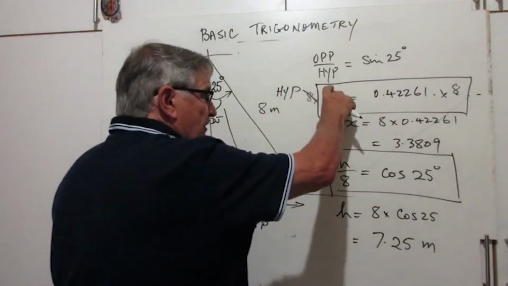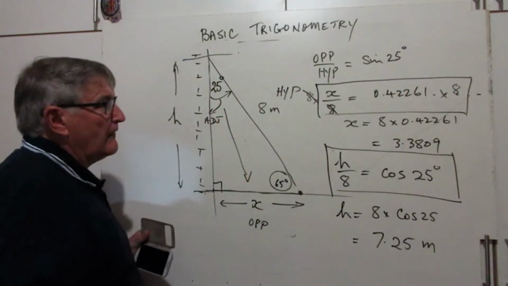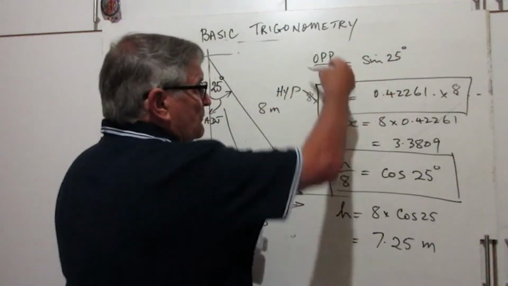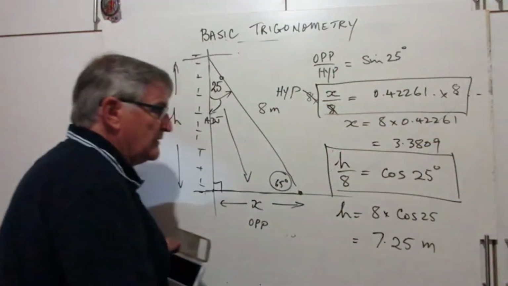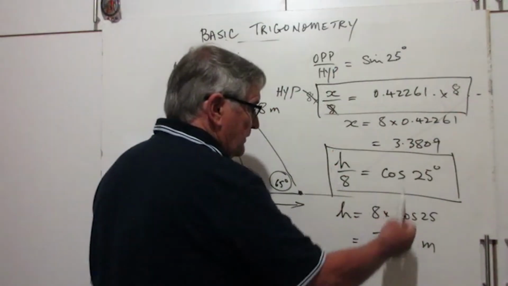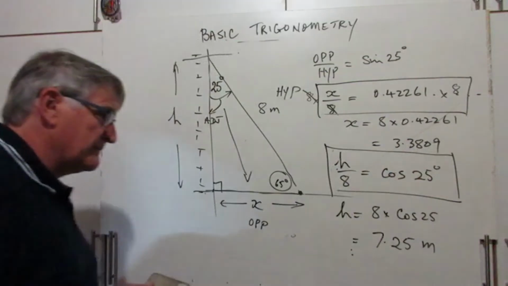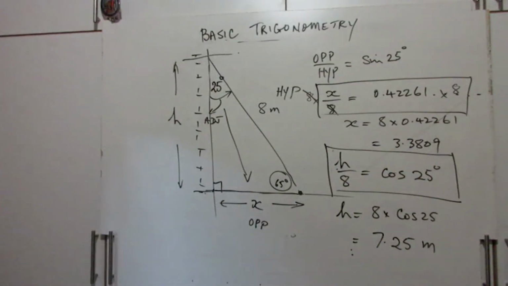X over 8 was opposite over hypotenuse, which is the sine of 25 degrees. Okay, I messed around a little bit up here. Took 1, 2, 3, 4 lines. Here I only took 3. And in fact, if you really know what you're doing, you can go from here straight to here, just by multiplying by 8. The calculator does it all for you anyway.